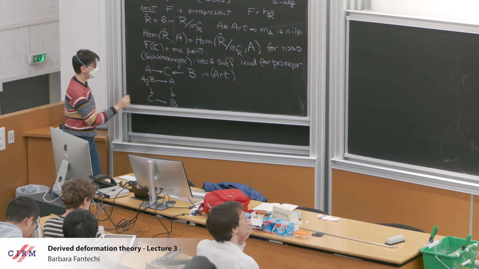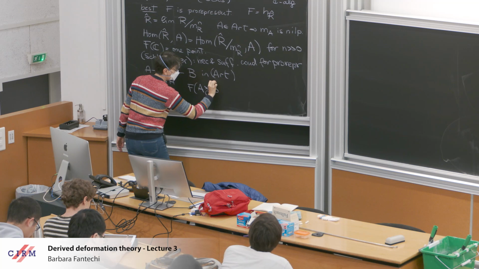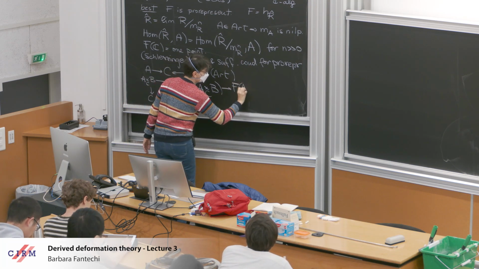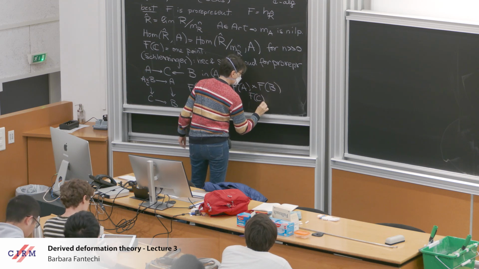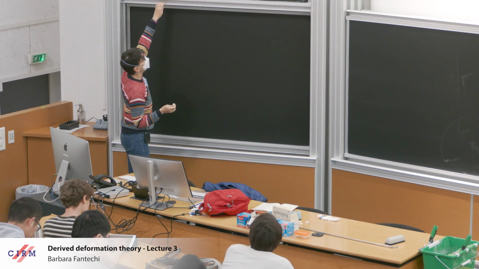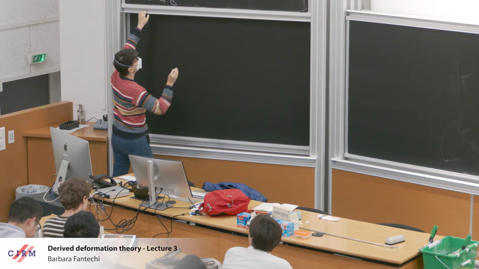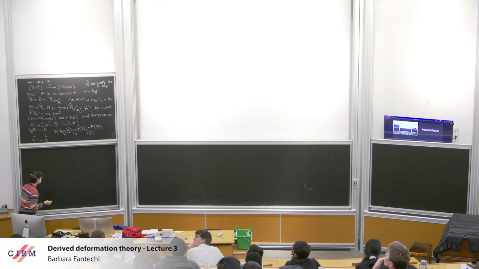And because F is a functor, you get such a morphism. Let me call it eta. And the condition we want is essentially that under suitable assumptions, eta is what we want.